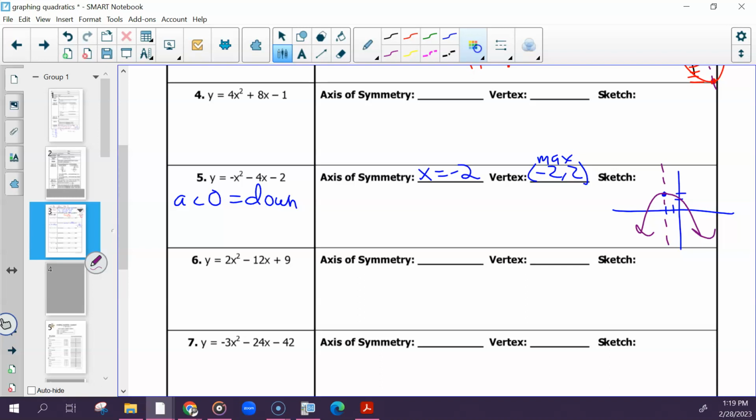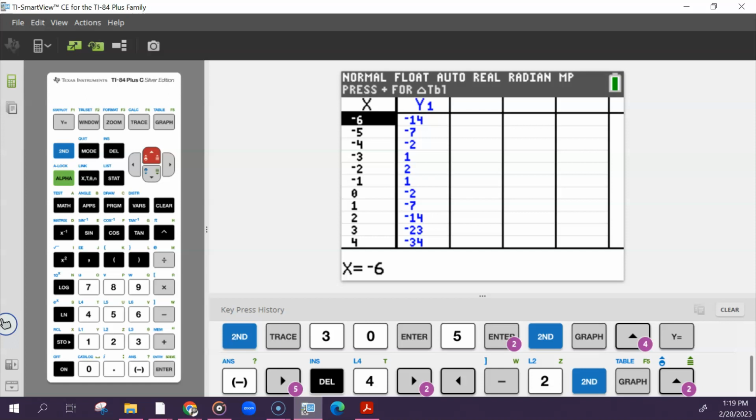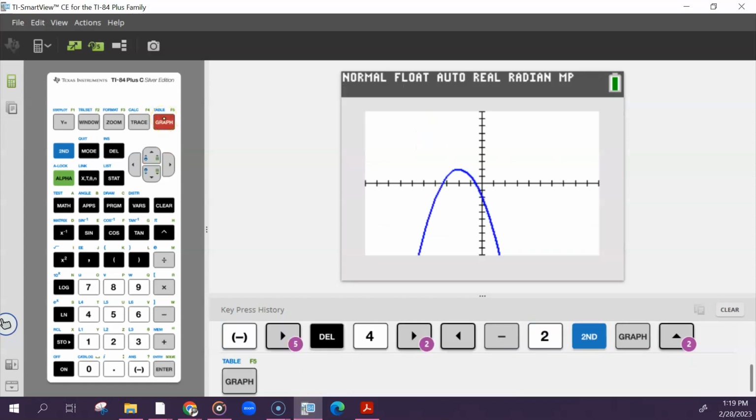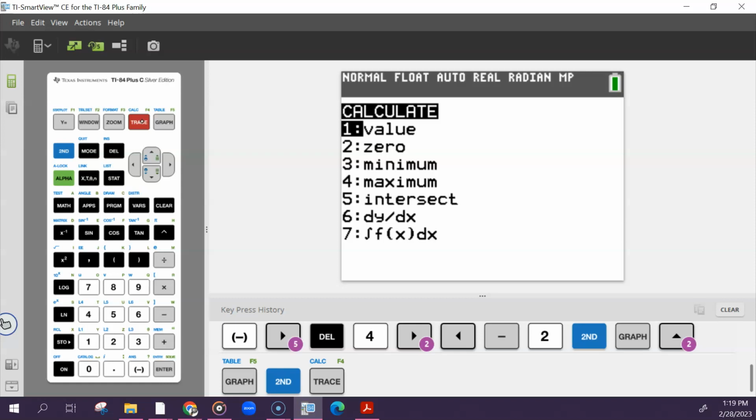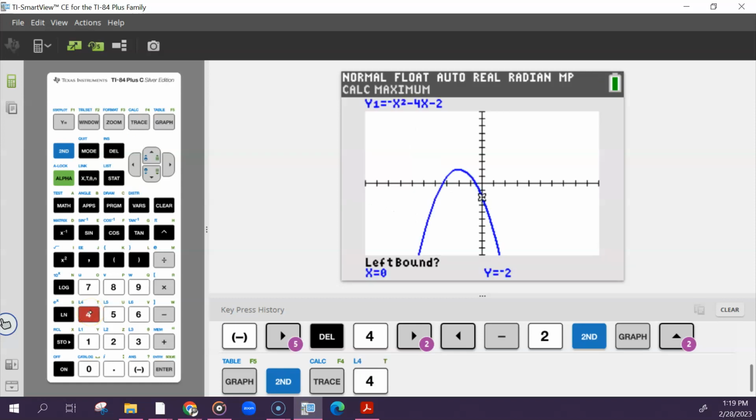And then to check yourself or to show it in the graph, I'm going to graph it. So just hit graph, and then second trace. But now we're looking for a maximum, so 4 instead of 3.